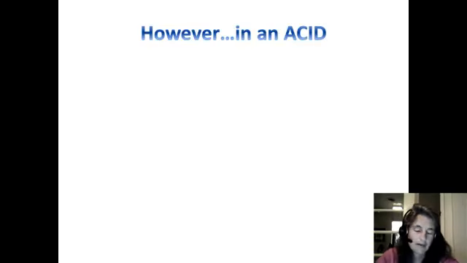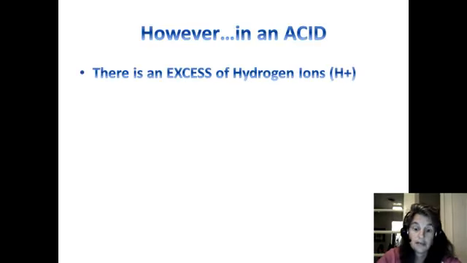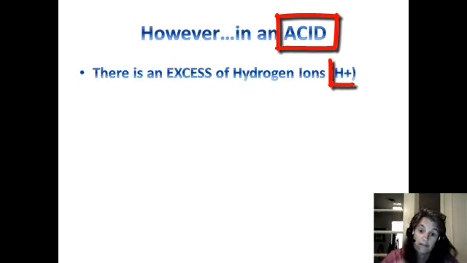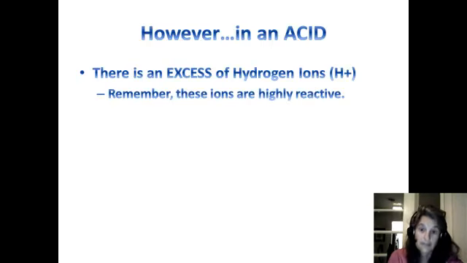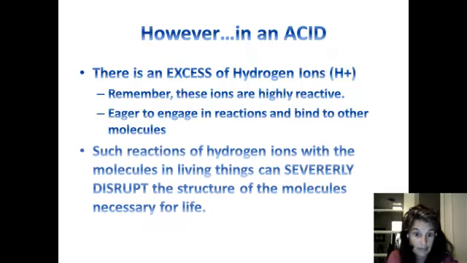However, in an acid situation, you have something different. You have, in a solution, an excess of hydrogen ions. If you have an excess of H+ relative to OHs, you've got an acid. And remember, these ions are highly, highly reactive, and you've got lots of them now.